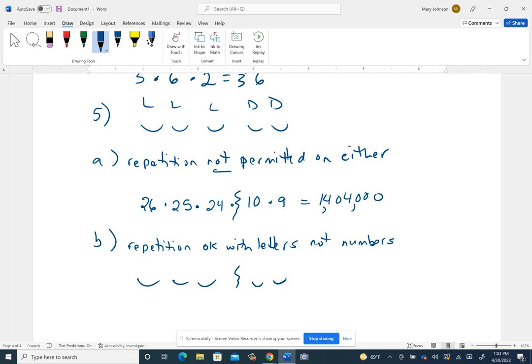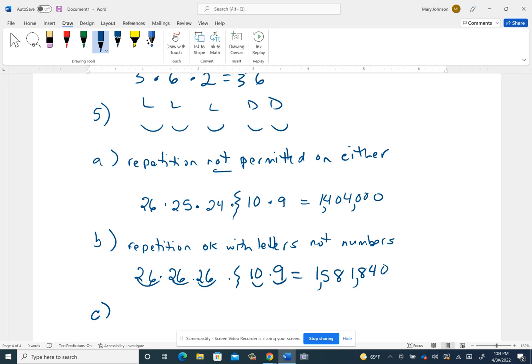Repetition okay with letters, but not with numbers. So you could have 26 here, and you could choose any one of those 26 for each of the other 2. But with the numbers, it would have to be 10 followed by 9. Then when you multiply all that together, you wind up with this many possibilities.